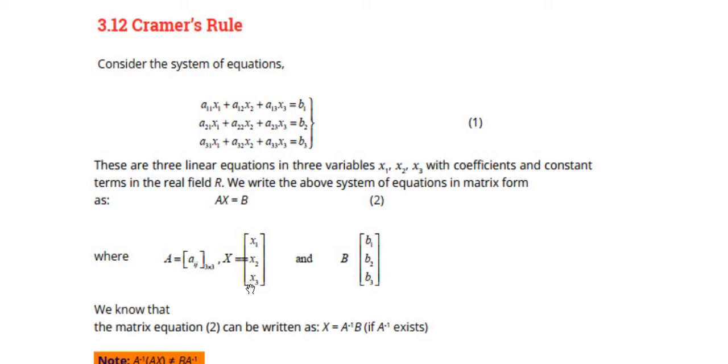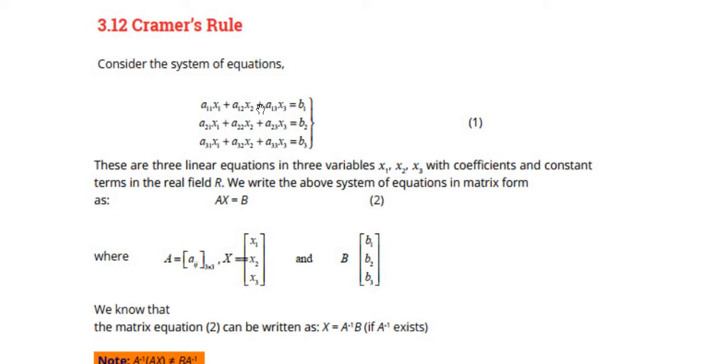Then we multiply A inverse with B and finally calculate the values of x1, x2 and x3. But there is another method, which is Cramer's rule. With the help of Cramer's rule we can also solve the system of equations and find their solutions. So now we are going to discuss Cramer's rule.